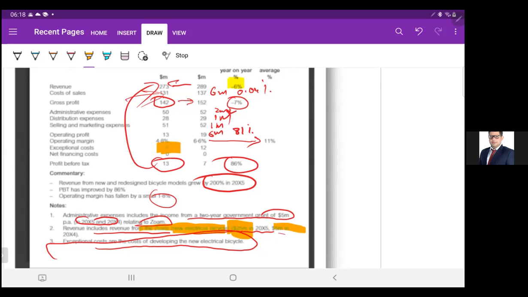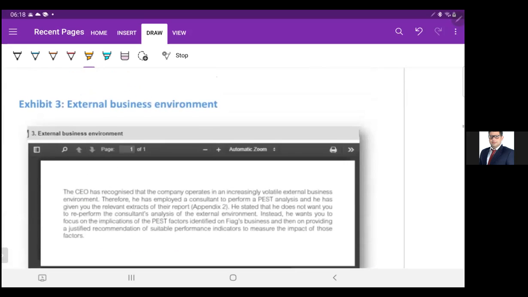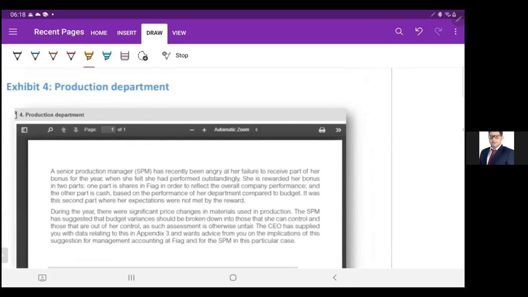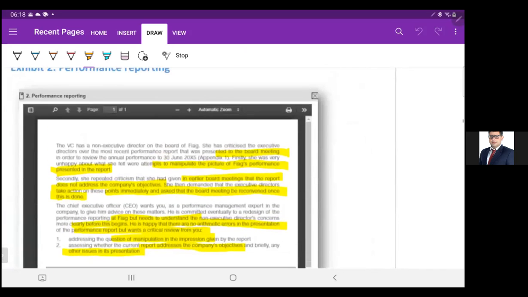No improvement made to developing the electrical bicycle. That's another reason, right? In my opinion. Then, as you can see, the senior production manager has recently agreed to fail to receive part of a bonus for the year. They all seem to be for the bonuses and not towards meeting the company's objectives. Right.